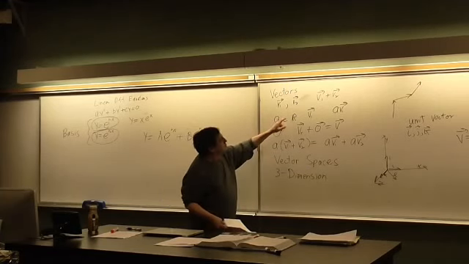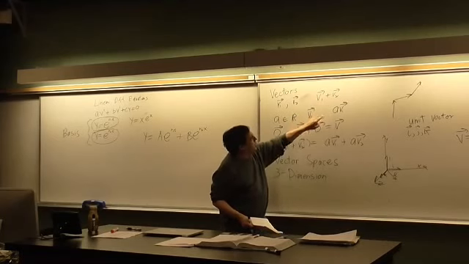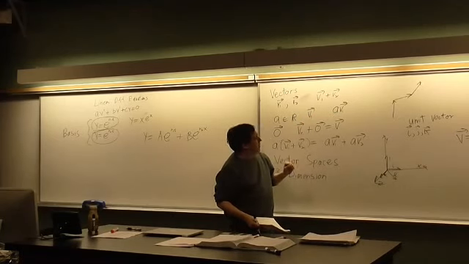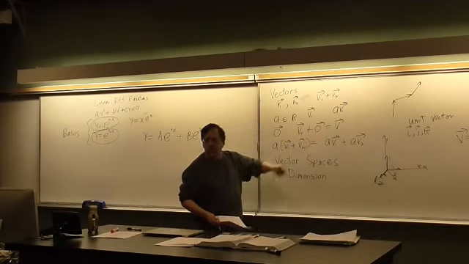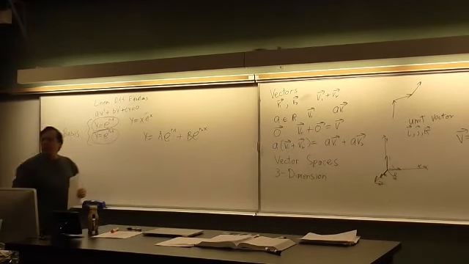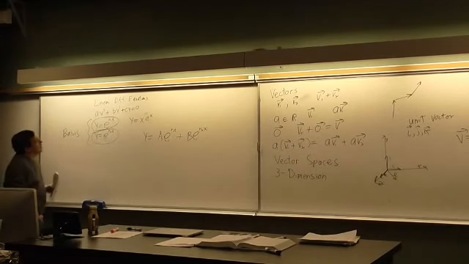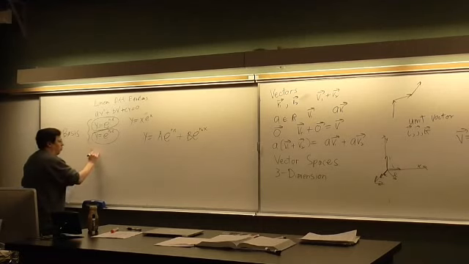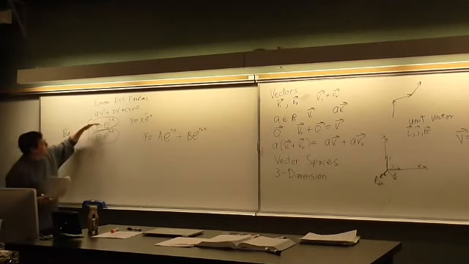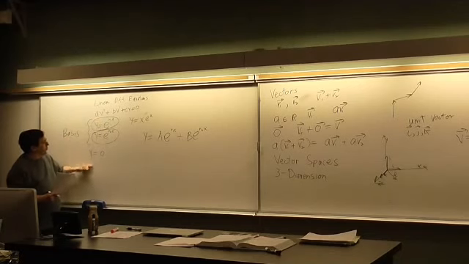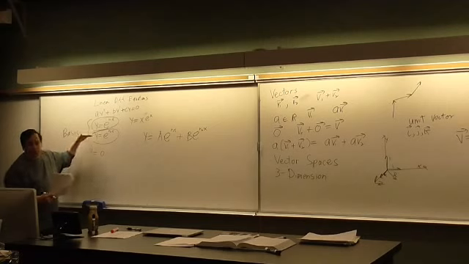Well, we know we can add any 2. We know we can multiply them by a constant. That's that linear combination thing. What about the 0 vector? We need a 0 vector. What would be the 0 vector? Well, y equals 0. Doesn't that fulfill this? All its derivatives are 0. If we add this to another solution, we get that solution back.